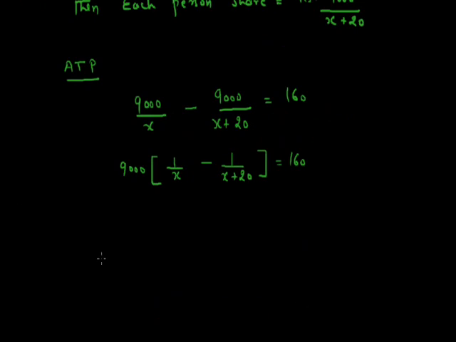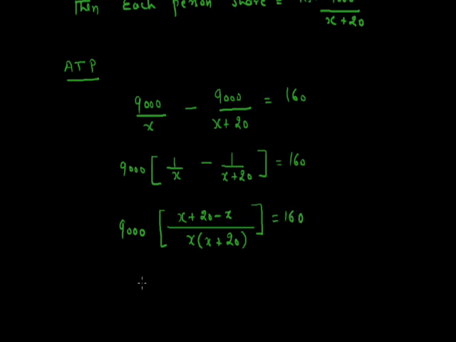Now take LCM. 9000, and the LCM is x multiplied by x plus 20. So here it will become x plus 20 minus x equal to 160. So 9000 multiplied by 20 upon x square plus 20x equal to 160.